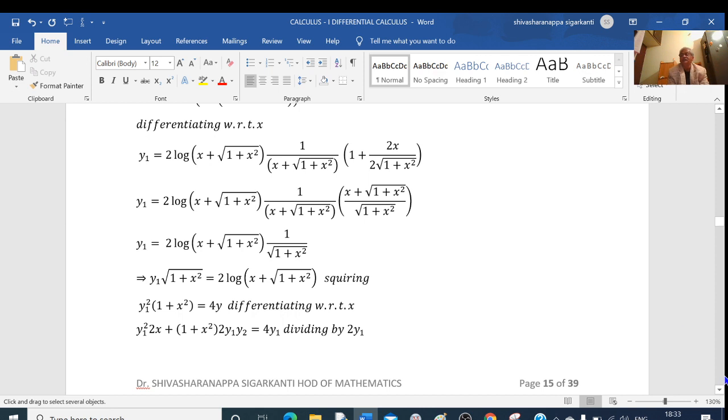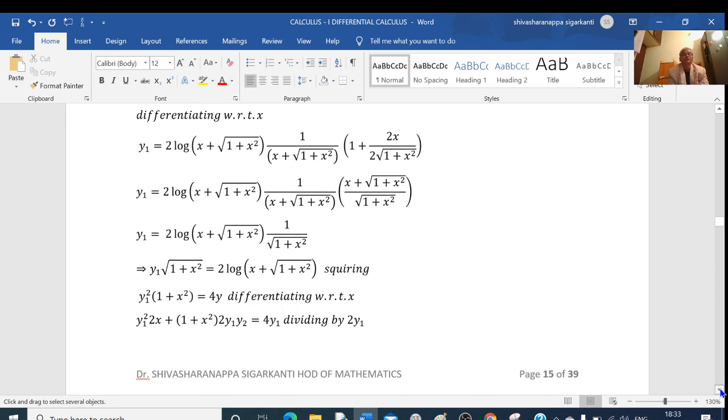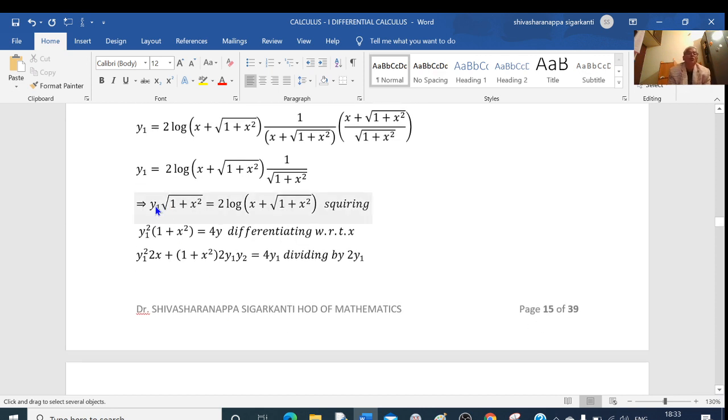If I square this equation, I am getting y1 square into (1 plus x square) equal to 2 square, which is 4, into log of (x plus root of 1 plus x square) whole square, which is nothing but our y. Okay, this becomes 4y.